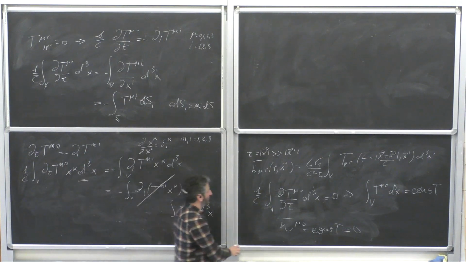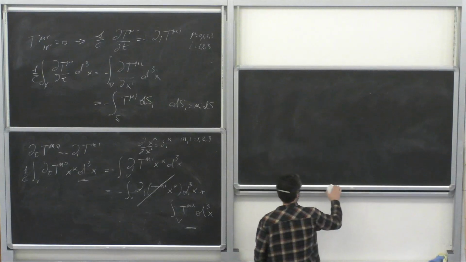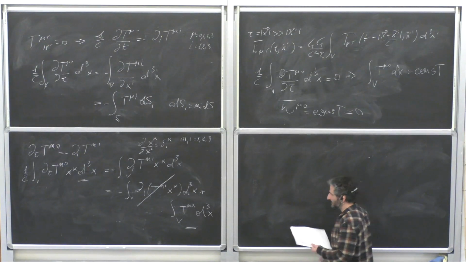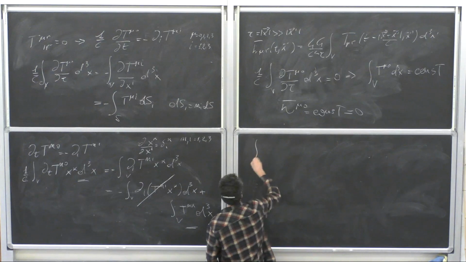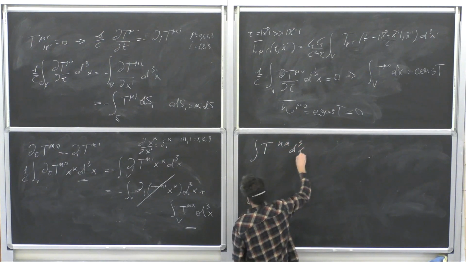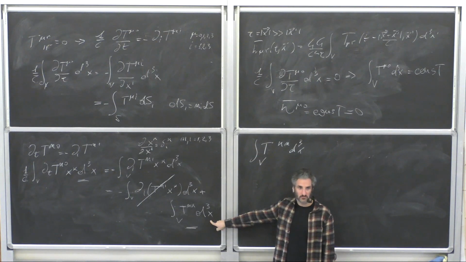Now, by construction, the stress energy tensor is a symmetric object, which basically means that the integral over V of T^{kn} d³x is exactly equal to this. We agree?